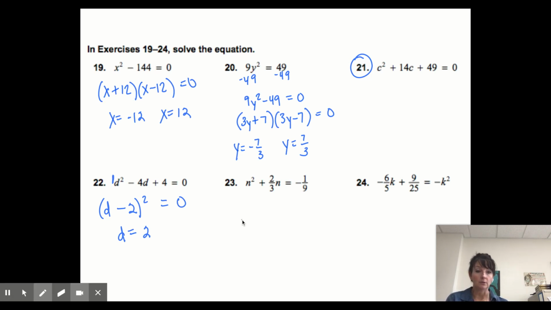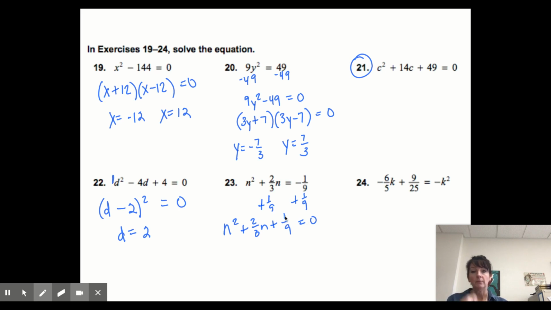Notice that we haven't really had to worry about the middle terms in any of these special products. So let's look at this one. We want to rearrange it, so we will add 1/9 to both sides. So n squared plus 2/3 n plus 1/9 would be equal to 0.